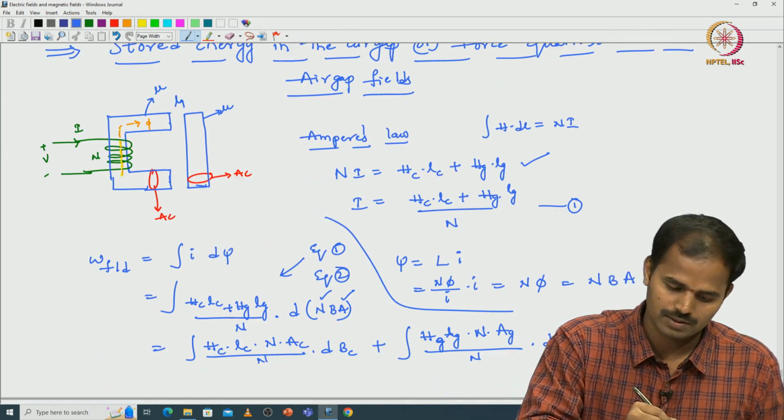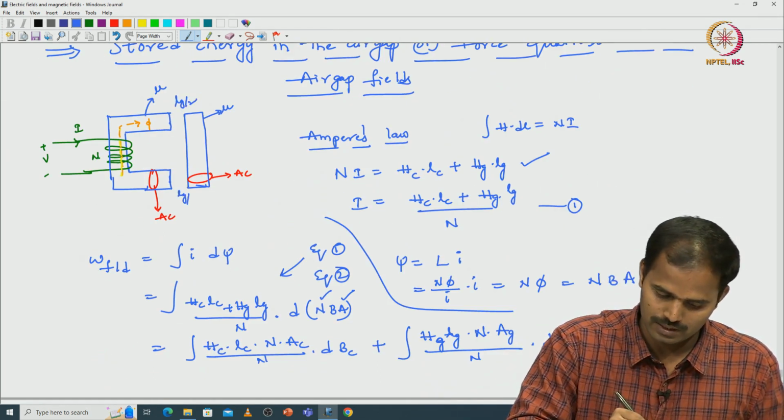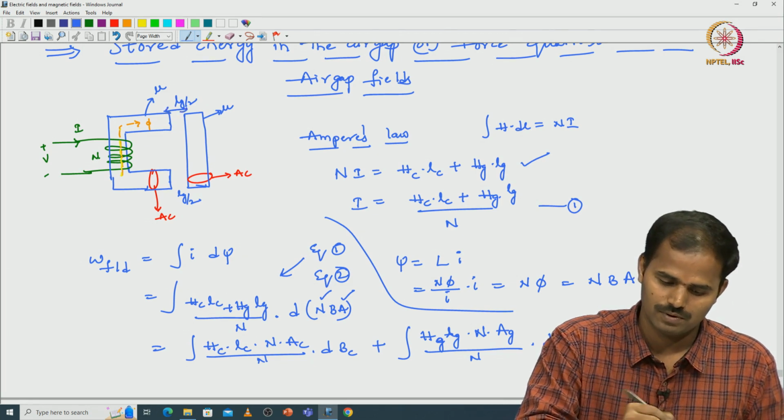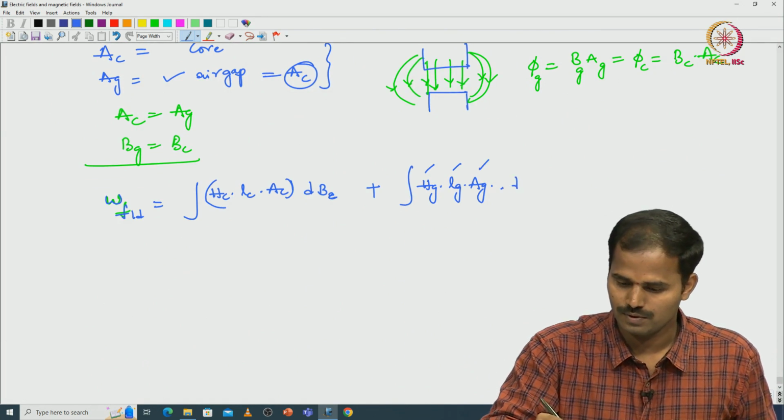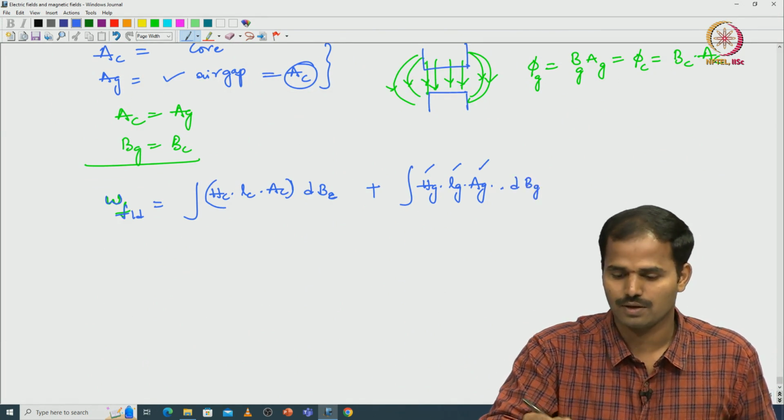Here the air gap is Lg by 2, Lg by 2, into the derivative with respect to dBg.